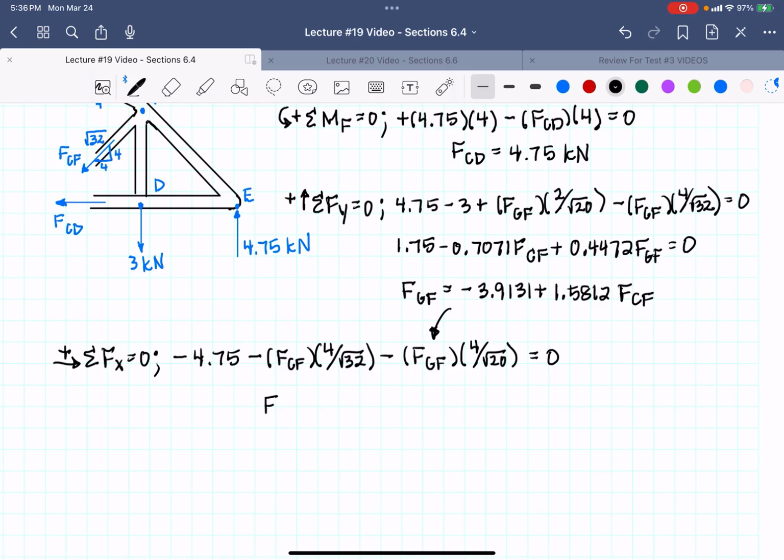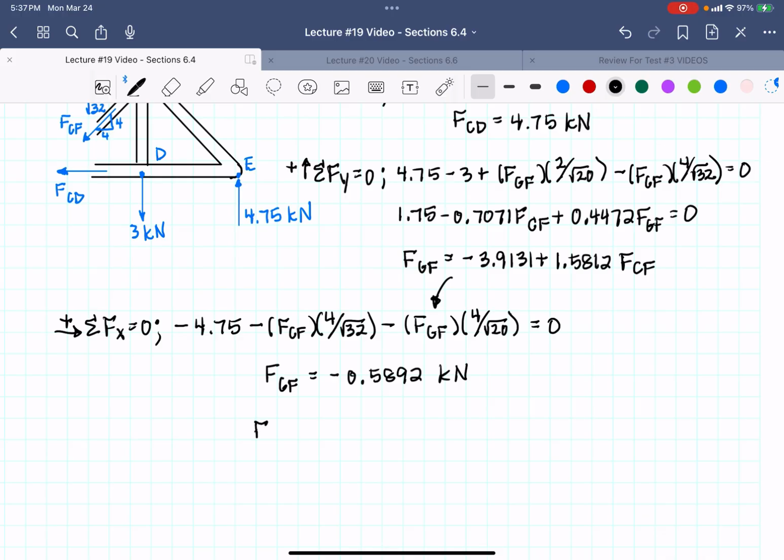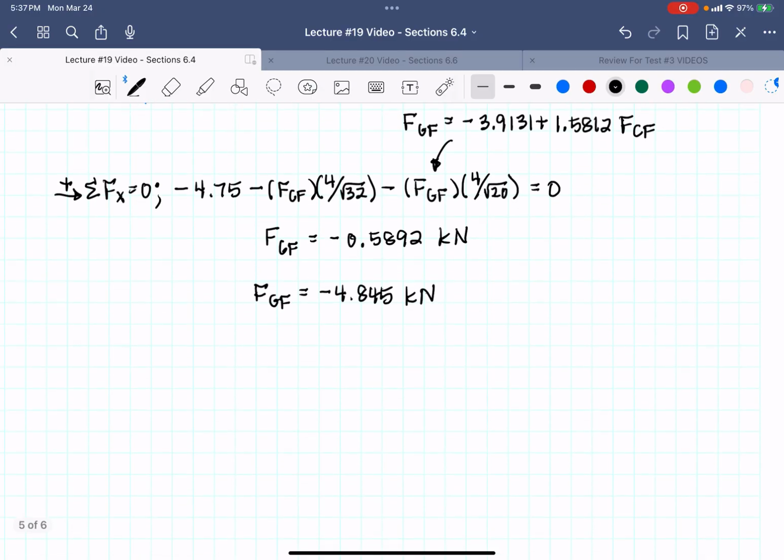My answer is going to be that FCF equals negative 0.5892 kilonewtons. And when I substitute that back into the previous equation, I'm going to get that FGF equals negative 4.845 kilonewtons. All right, I'm going to go on and show how I got FCF, but if you're good for this video, you can go ahead and stop here.